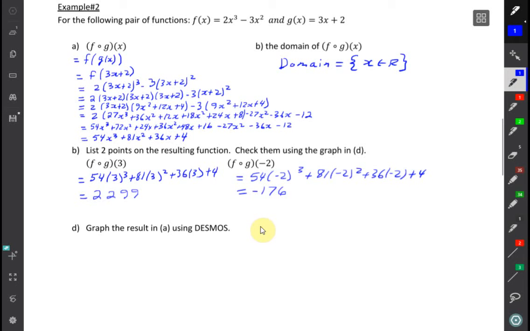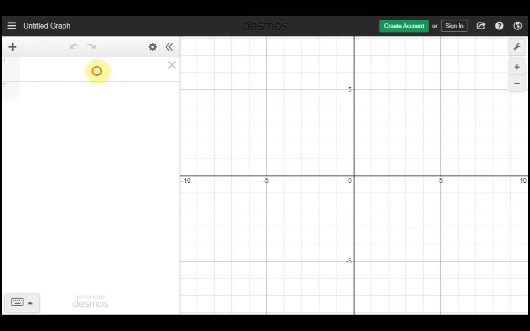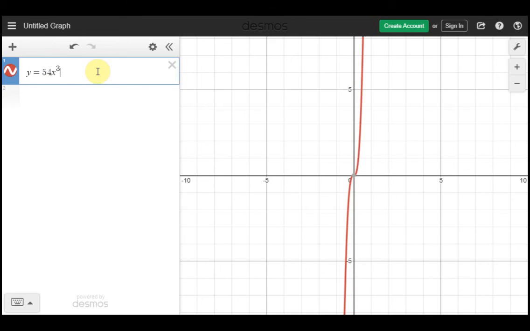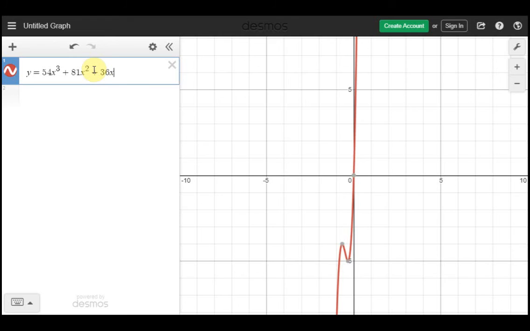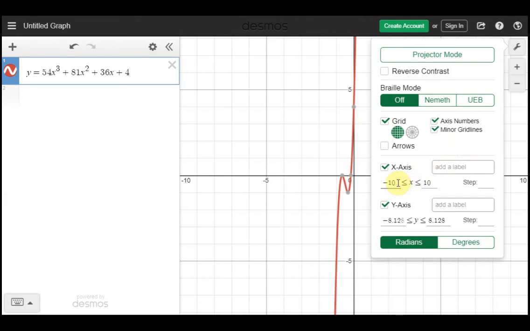Going over to Desmos. The function was y equals 54x cubed plus 81x squared plus 36x plus 4. And there's our function. I'm just going to change the scale on this a little bit.